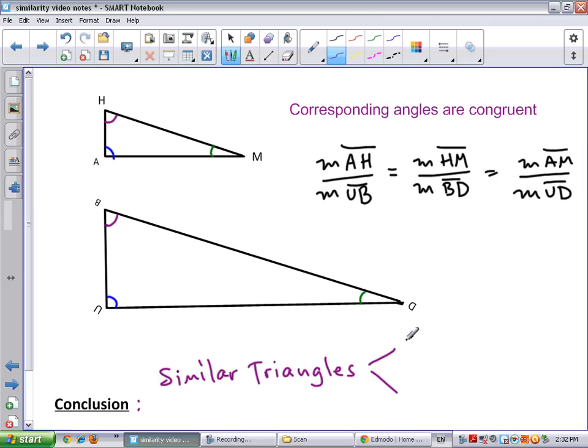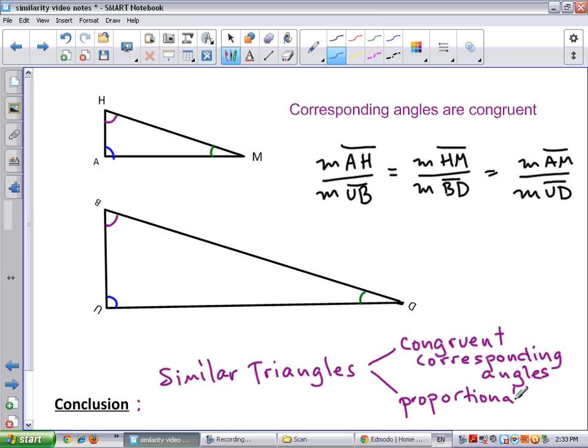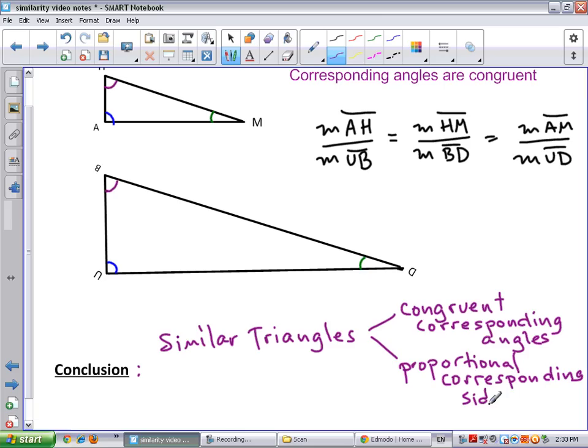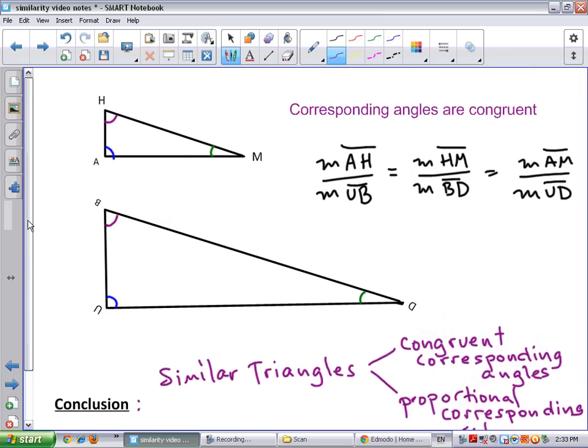They have congruent corresponding angles, and proportional corresponding sides. Let me scroll down to make sure that fits, and we're good. So that's the conclusion we hoped you reach.